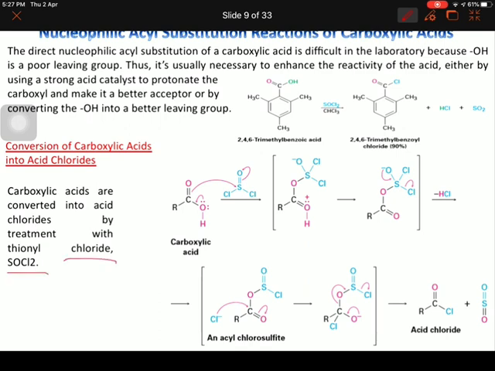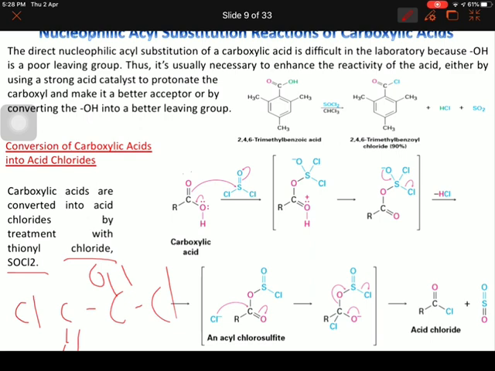The second one is oxalyl chloride, which is not as famous: Cl, C double bond O, C double bond O, Cl. These are the two agents. The first one, thionyl chloride, is the most famous one. The reaction and the mechanism of this reaction are simple and general.